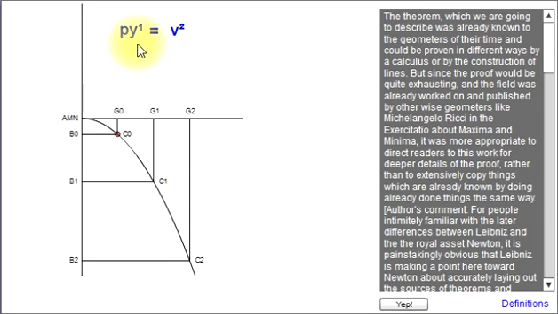So the sum of the exponents of this side of the equation is always equal to the sum of exponents of this side of the equation. And by this condition we can draw out the relationships as Ricci has done.